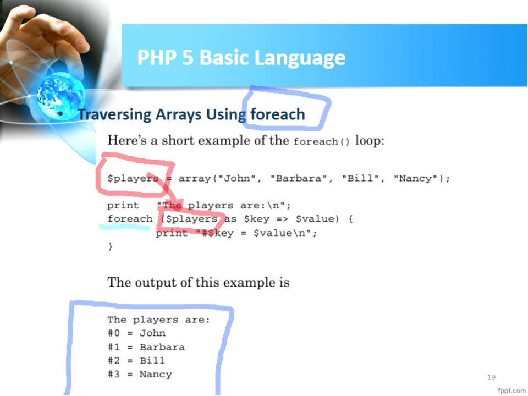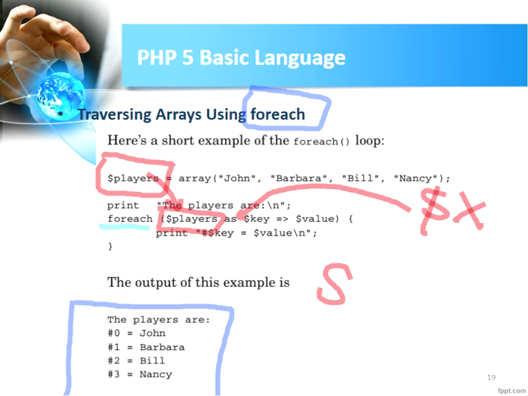After that, as key implies value. If I write as $x, so $x will be John in the first iteration, Barbara in the second, Bill in the third, Nancy in the fourth.